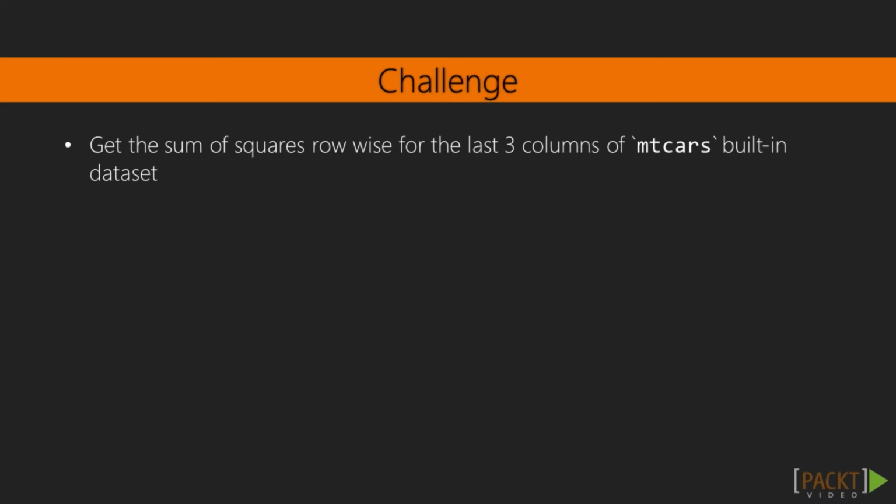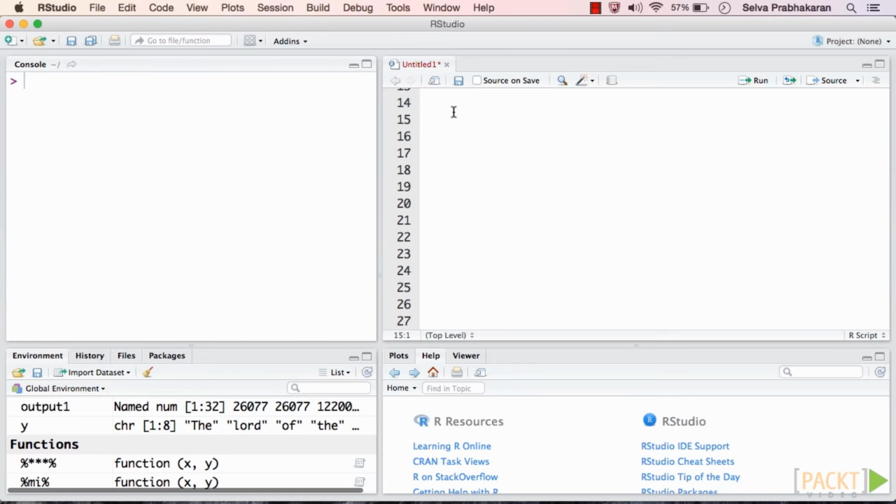Here's a quick challenge. In this one, get the sum of squares row-wise for the last 3 columns of mtcars. So, here's the answer.